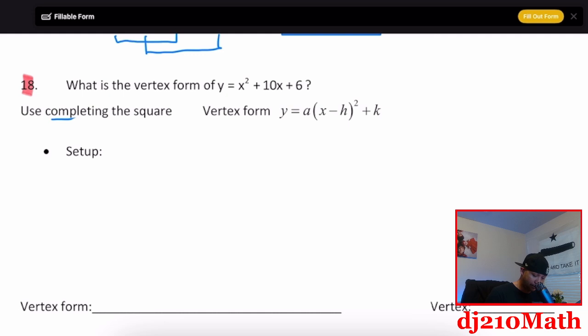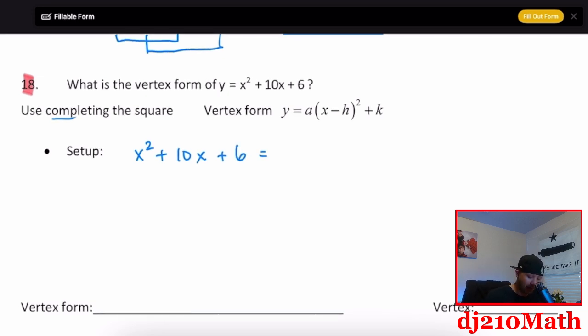So what I'm doing is I'm saying x squared plus 10x plus 6. I'm just taking the problem and then writing it down here. I set it equal to 0, because that's how I learned. I set it equal to 0 for the moment.